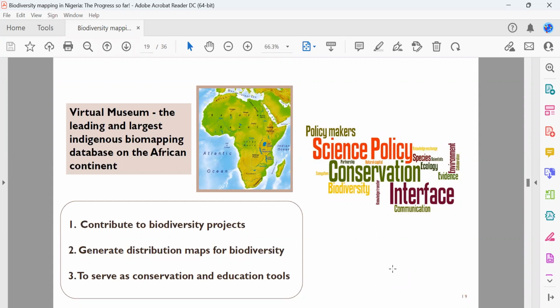And the aim is to contribute to biodiversity projects, and generate distribution maps for biodiversity to serve as conservation and education tools, because we can use the biodiversity maps to influence policy. We can use the biodiversity maps to make informed conservation management planning, and we can also use it for education purposes.